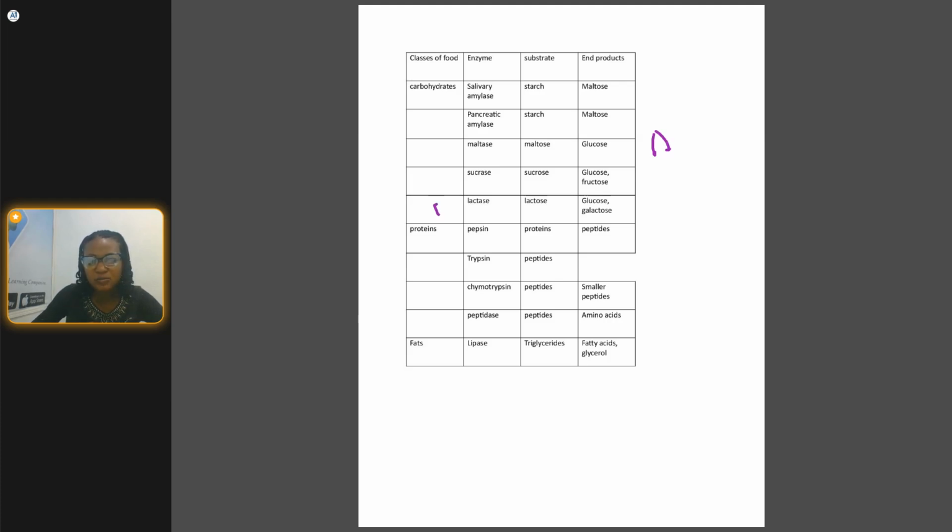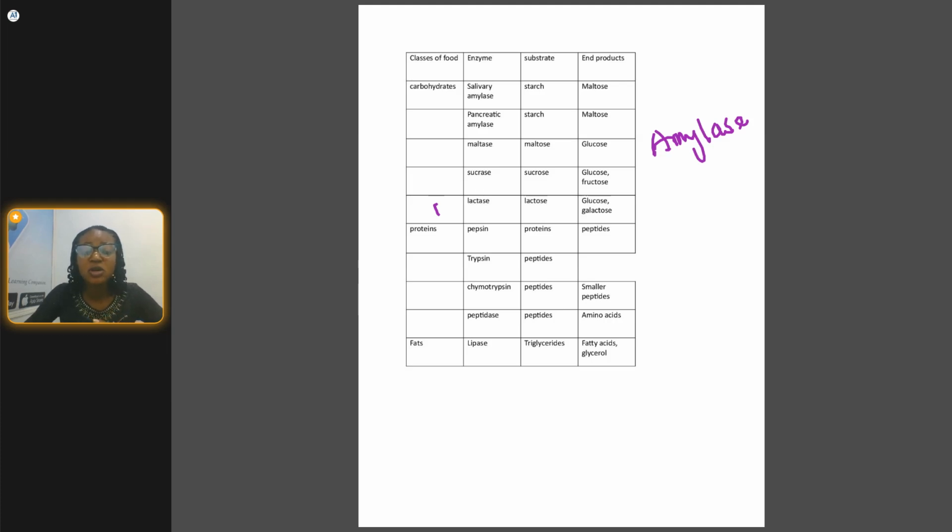The amylase acts on starchy food, and the end product is maltose.